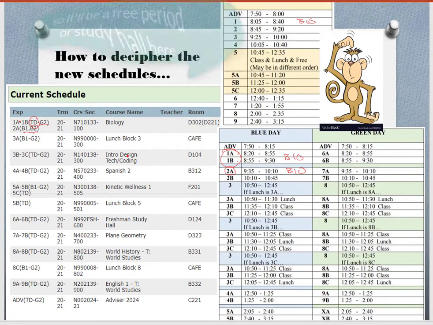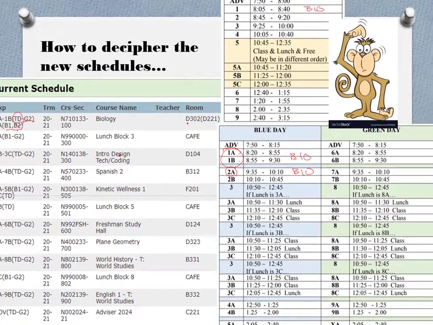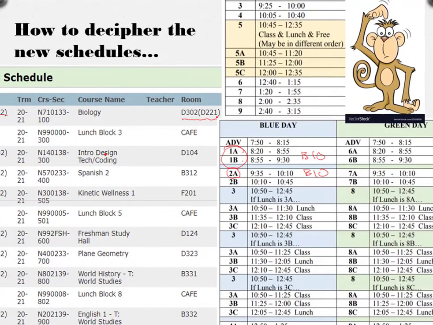The tricky thing about this biology is the rooms. Early on in the school year, you're not going to need to know the rooms since we're going remote. However, when you do start coming to school, for most of the week you'll be in the lab initially in D221.